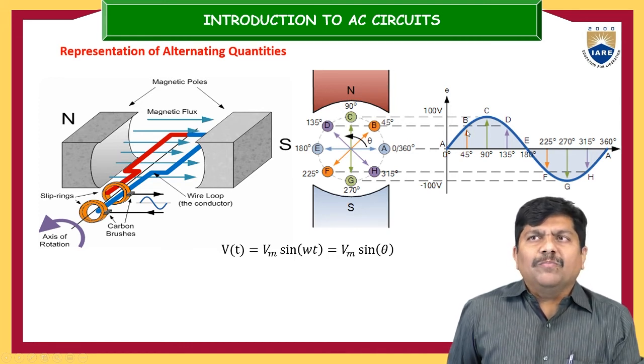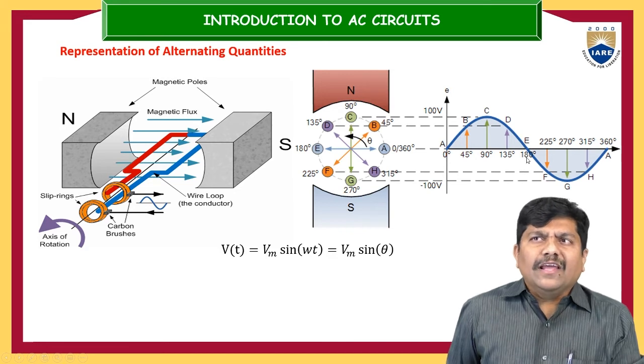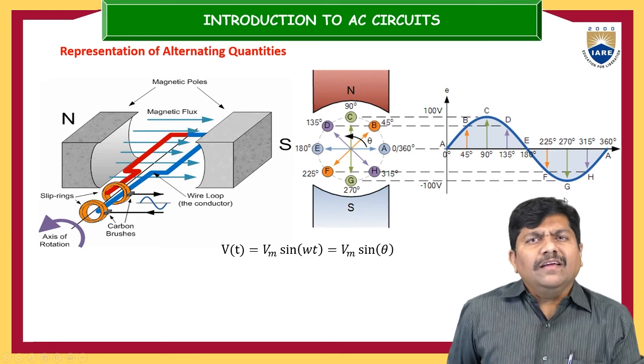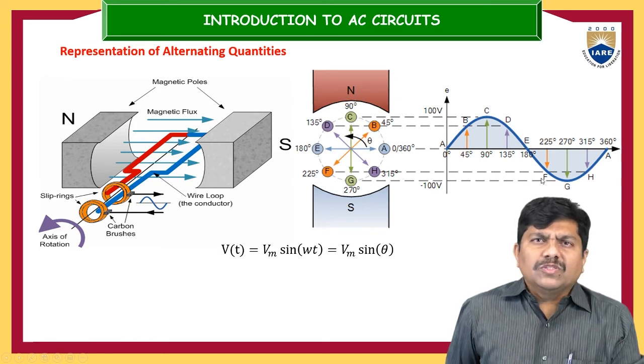Whenever you travel from point C to E, at E it is again aligned with the magnetic field, so the induced EMF is 0. Then from E to G you see the same voltage, but the current is reversed in the conducting system. At point G it has the maximum voltage, but in the reverse direction. From G to A it again decreases, so it is increasing in the negative direction.